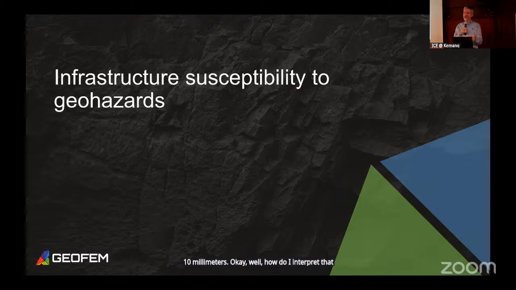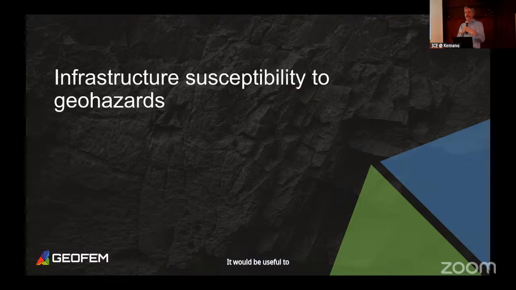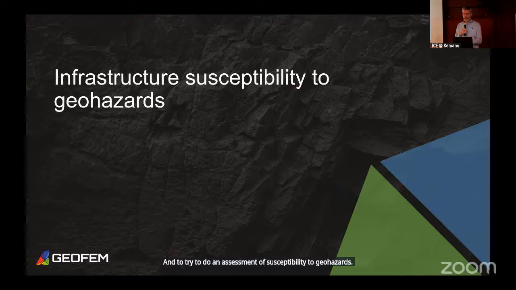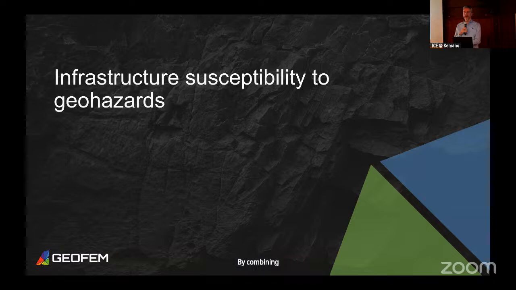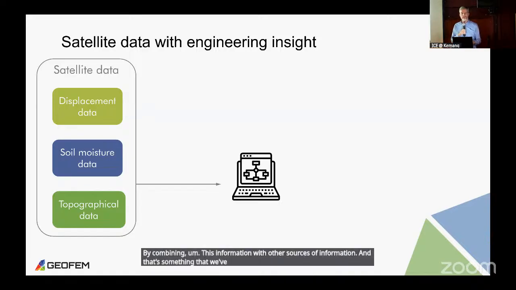What do I do with that information? It would be useful to go a step further and to combine all this information and to try to do an assessment of susceptibility to geohazards by combining this information with other sources of information. And that's something that we've been developing.